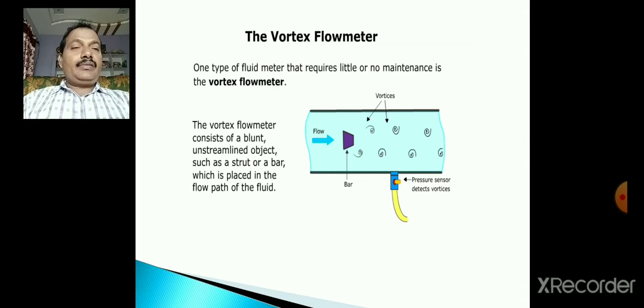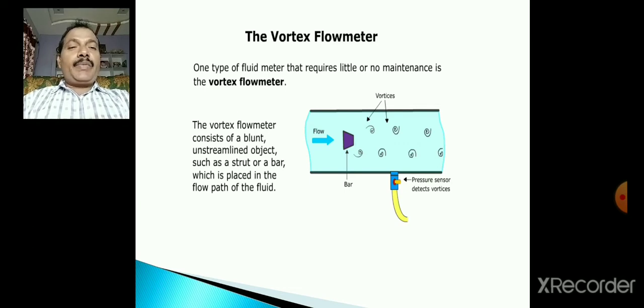Observe here, the flow direction is like this. This is the vortex flow meter. One type of flow meter that requires little or no maintenance is the vortex flow meter.